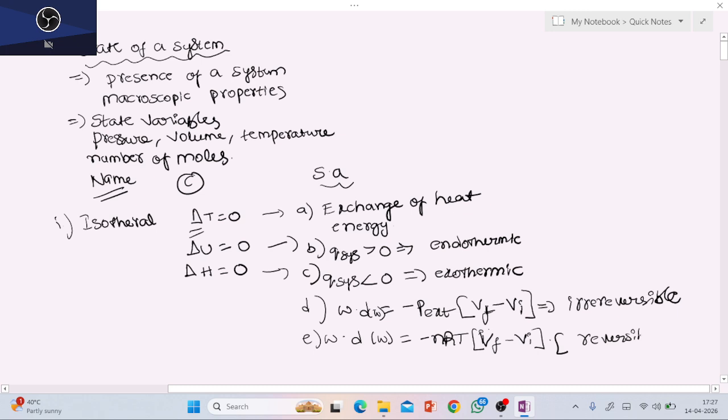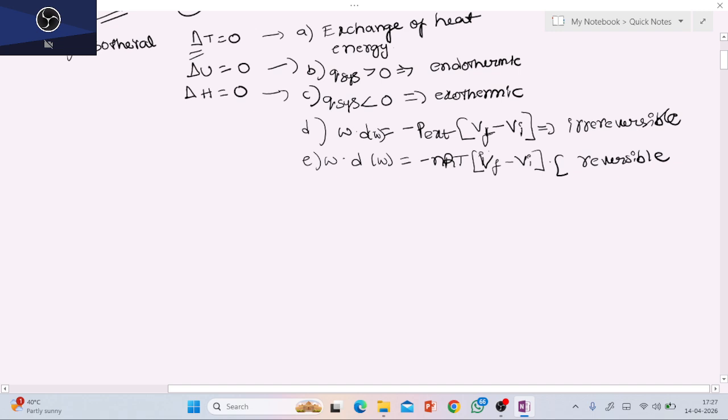After that, if you take the F, one more special aspect, Q is equal to minus W, since as you know that delta U equal to 0. Now we will take one more thing, that is adiabatic.